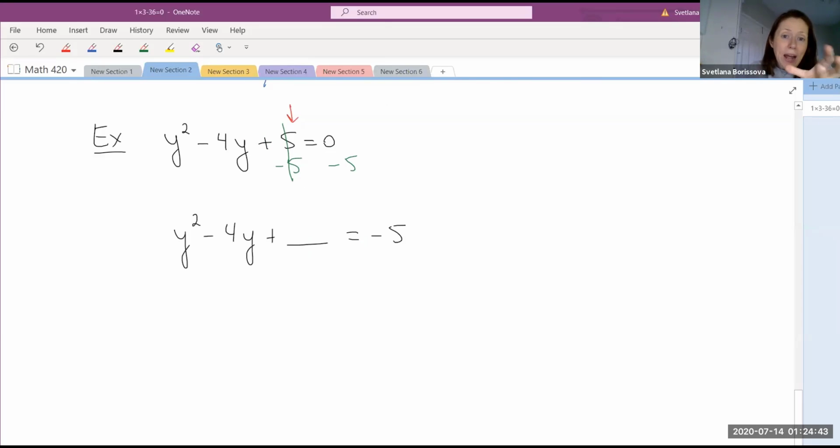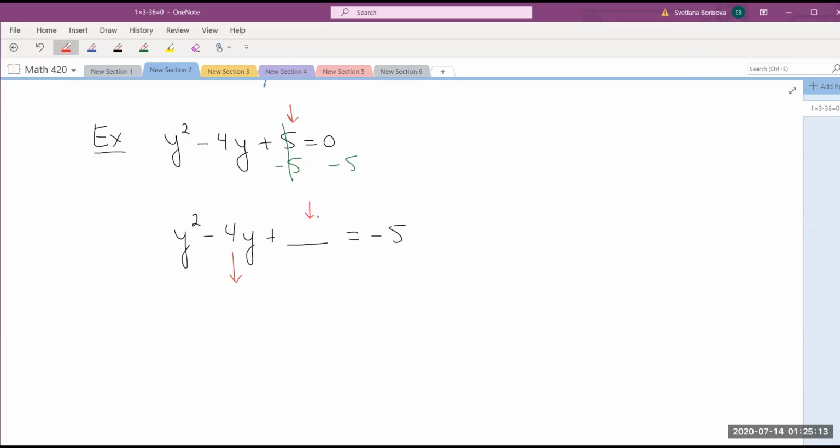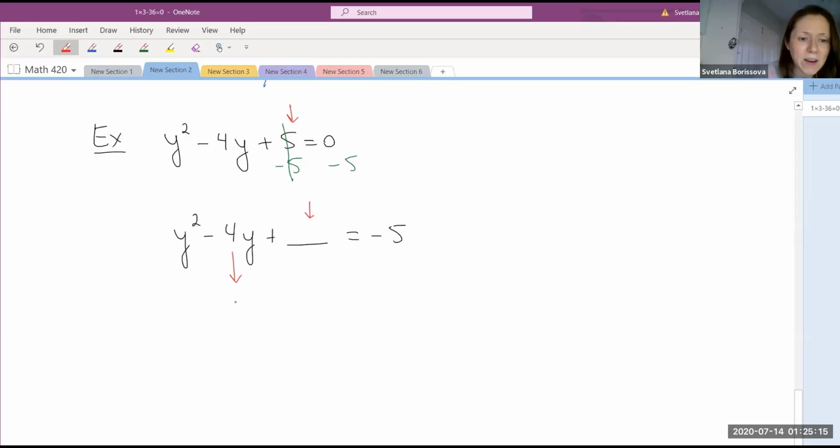Now, as soon as you've made up that space for the number that will create the perfect square trinomial, figure out that number. What is that number? So how do we obtain it? Tell me what I need to do to figure out what to put here. That's the divide by 2 part, right? Very good.